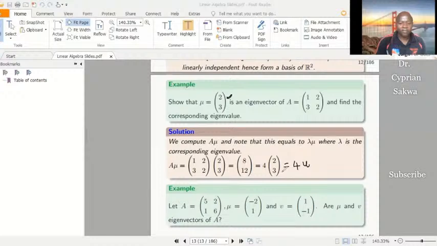And that's what I've written. I had not included the eigenvalue, so the eigenvalue, therefore, is 4. That completes the result because the question was to find the corresponding eigenvalue. So it is 4.